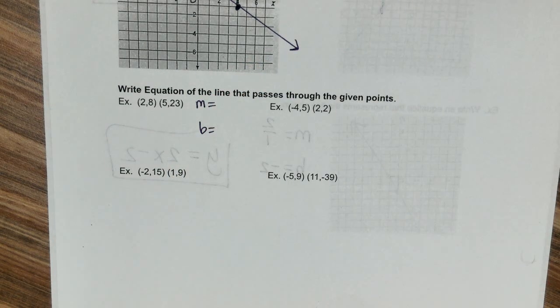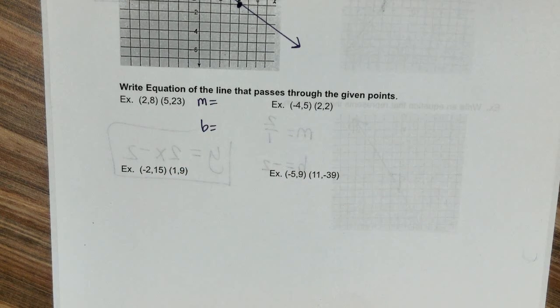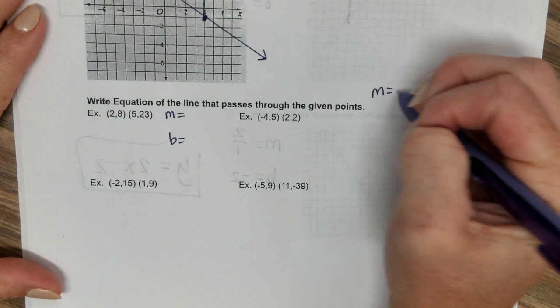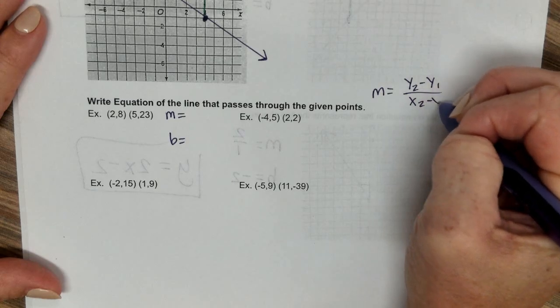Y'all already know how to solve for the slope by doing the slope formula. Yes? Okay, so the slope formula, so everybody come over here and write. To solve for M, we're going to do y2 minus y1 over x2 minus x1.